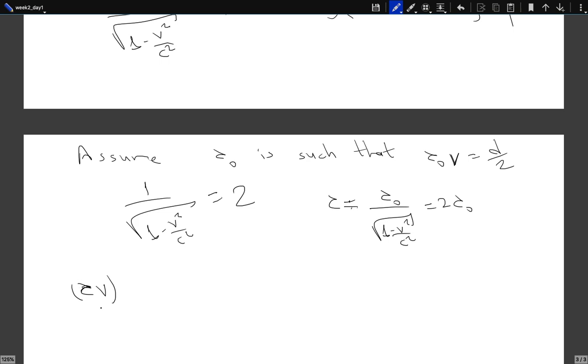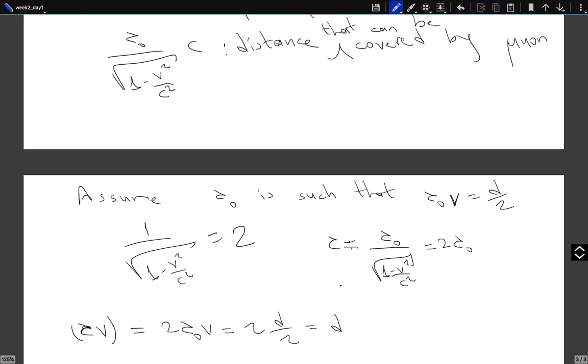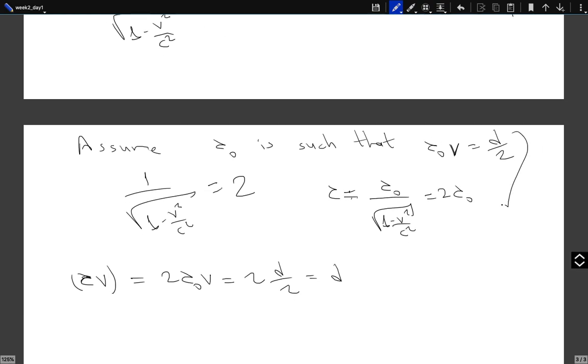And it's moving at this speed, tau times v, so it will be just d. It is twice tau 0 times v, twice d over 2 is d. So from the point that it is created, it just covers all the atmosphere, and when it reaches Earth, it decays, and we see it in our detectors. Let's just assume that the numbers are such that these are satisfied. This is from the reference frame of Earth. Fixed on Earth.